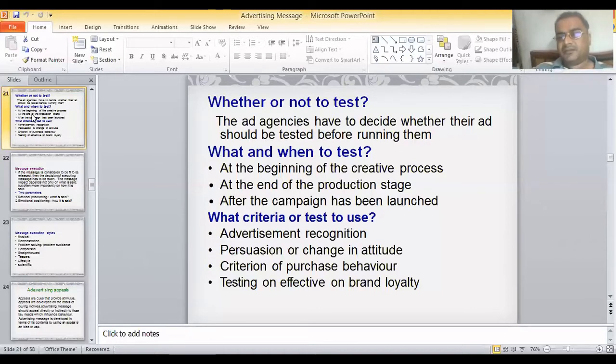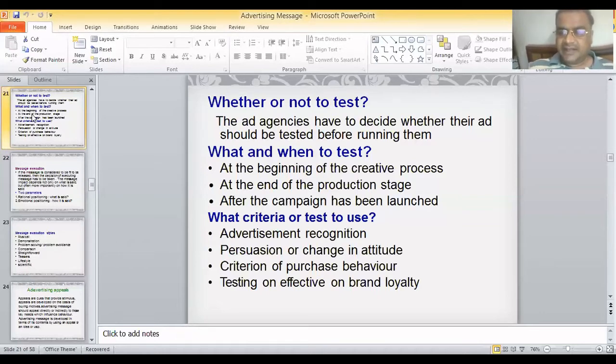We ask a group of people, the audience, whether they have seen this ad, and if they recall that they have seen this ad, then we check with them on various parameters, for example, what was the slogan, or what do you remember about that ad, so that we can know how our ad did. The more the positive replies, the more effective the advertisement was.